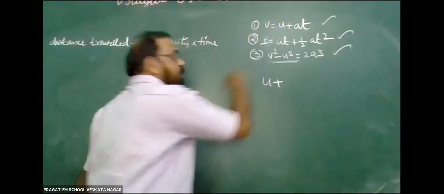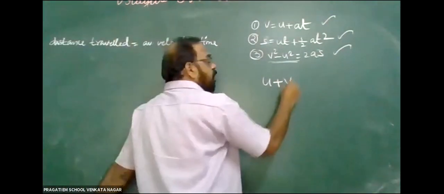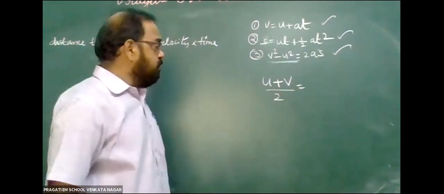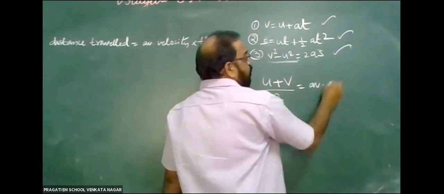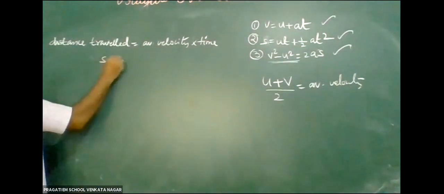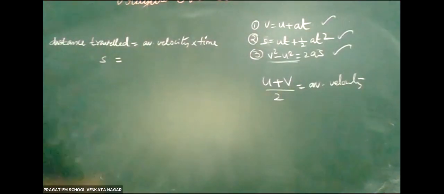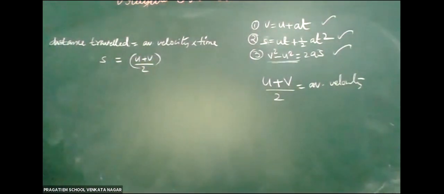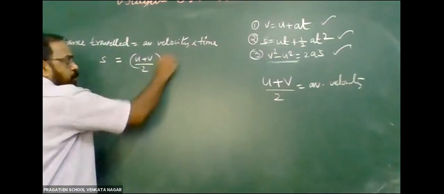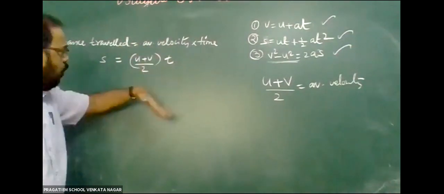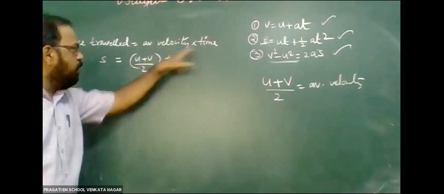Some children have a doubt. Here u is the initial velocity and v is the final velocity, so the average, the arithmetic mean, u plus v by 2, is the average velocity. So distance traveled is denoted by s, average velocity is u plus v by 2, into t.